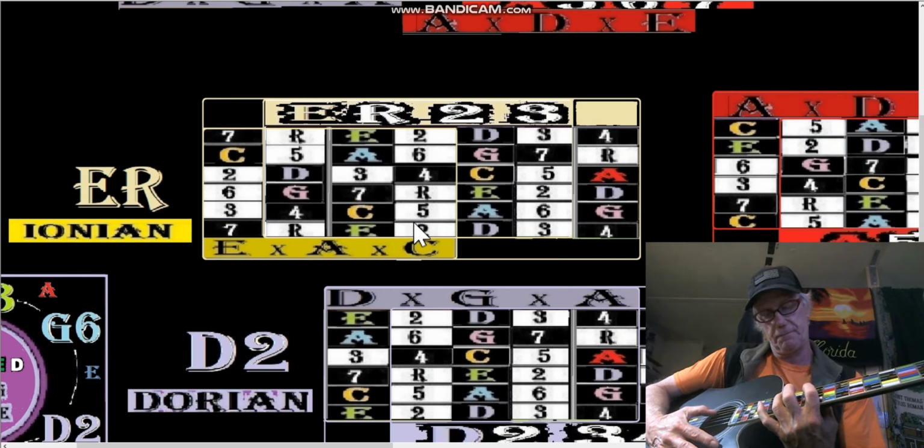Things on the guitar are upside down and backwards all the time, right? So that would be E, A, C. Let's do it in the key of C here. Here's an E-shaped C, A-shaped C, A-shaped F rather, and then a C-shaped G. There it is. There's your 1 4 5 there.